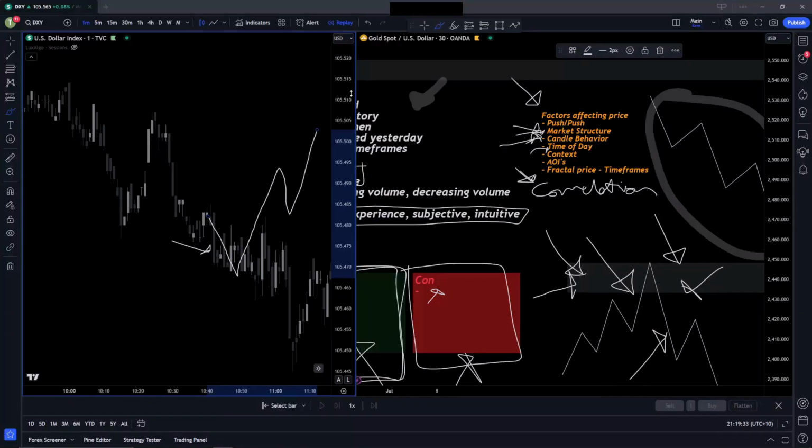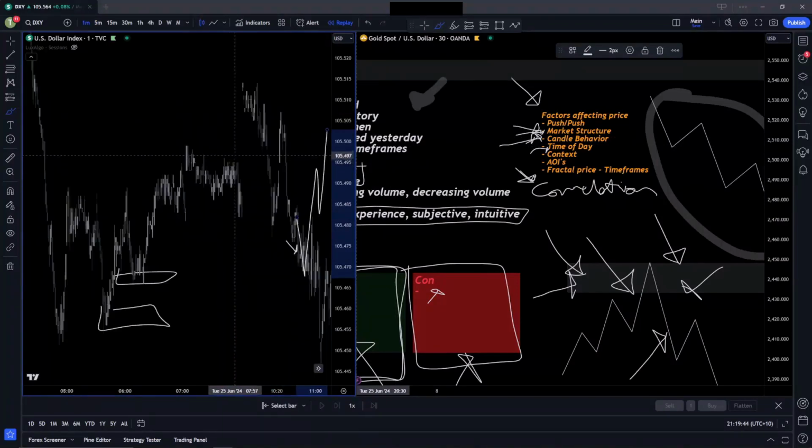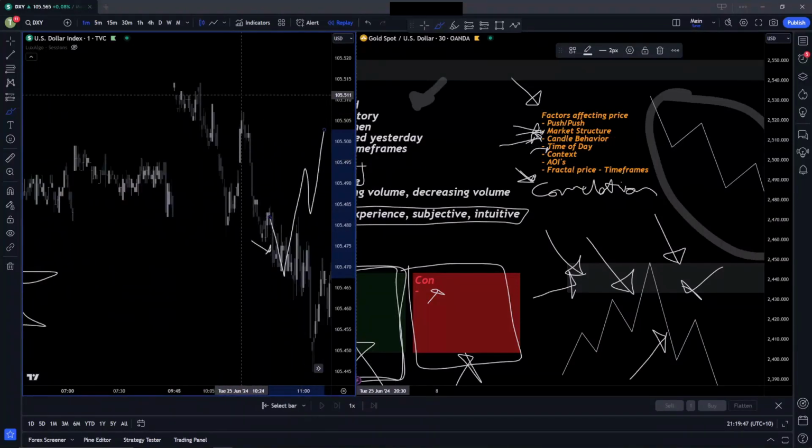If I don't have that DXY correlation, or if it's not clear, I won't take the trade. And direction on DXY is the exact same as gold.